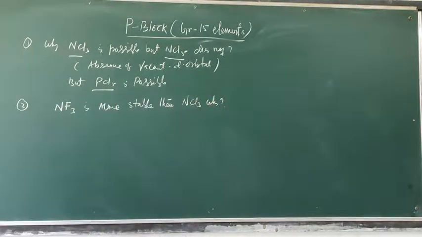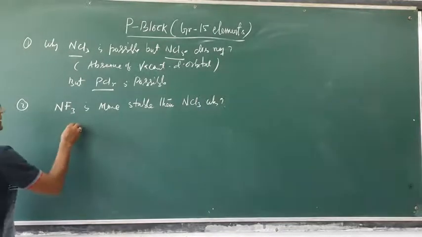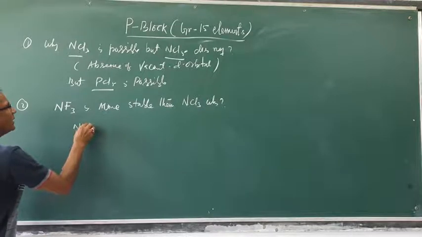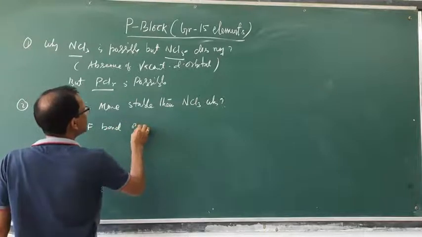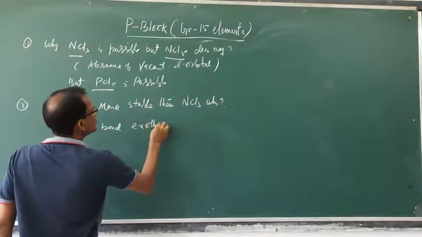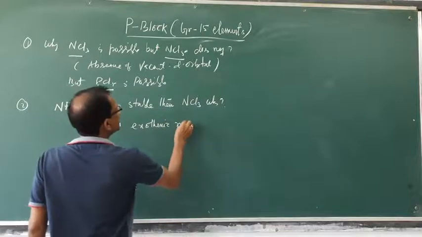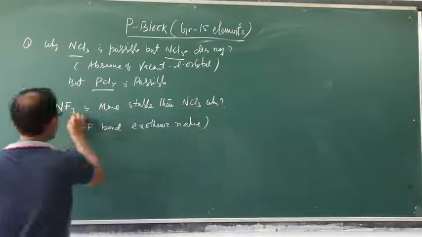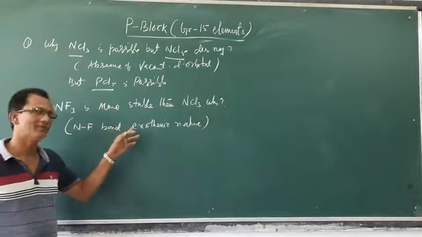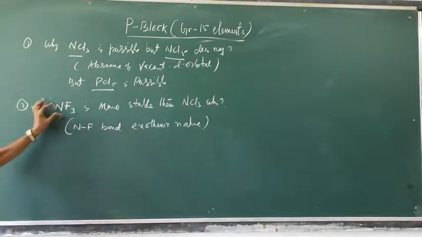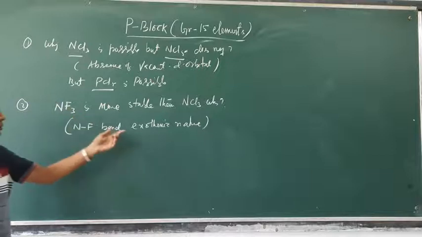NF3 is more stable than NCl3 because the N-F bond formation is exothermic in nature. The N-F bond is more exothermic. That's why the NF3 molecule's possibility is more, as it has more bond formation, more exothermic nature.